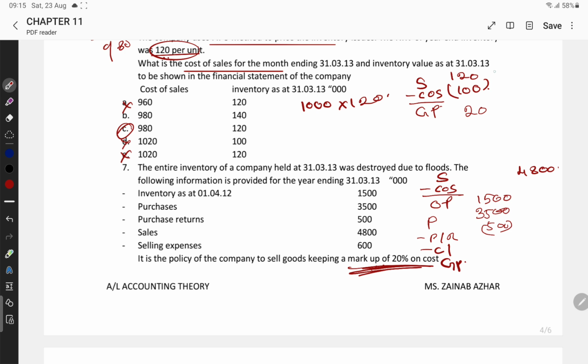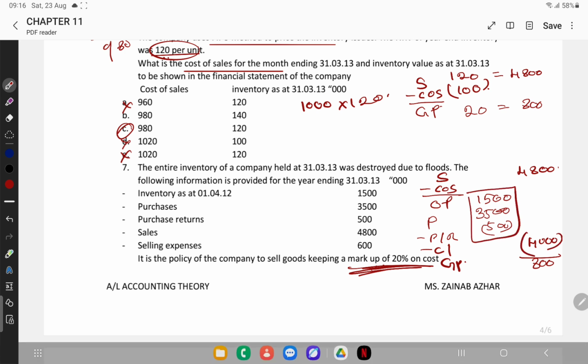So if 120% is equal to 4800, we can find how much is 20%. So 4800 into 20 divided by 120, our gross profit is going to be 800. So if our gross profit is 800, our cost of sales is going to be 4000.